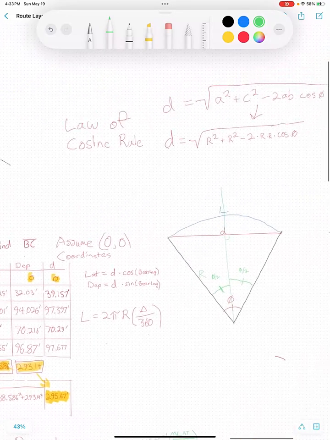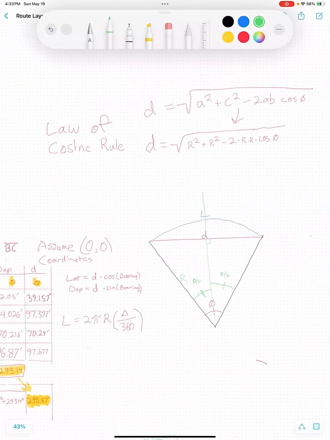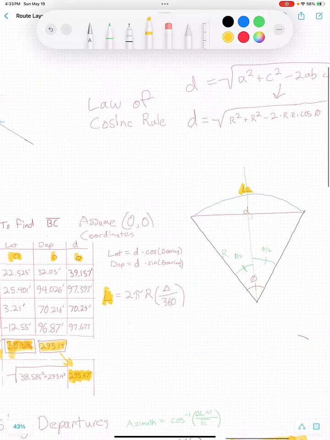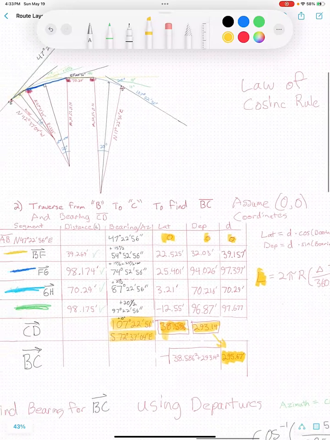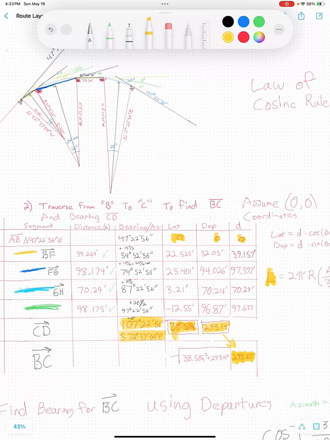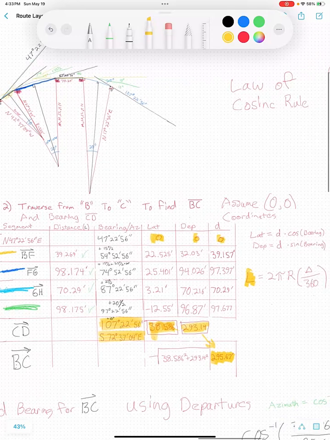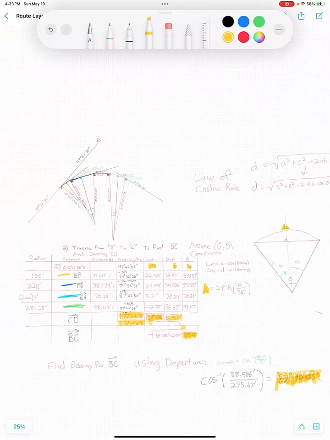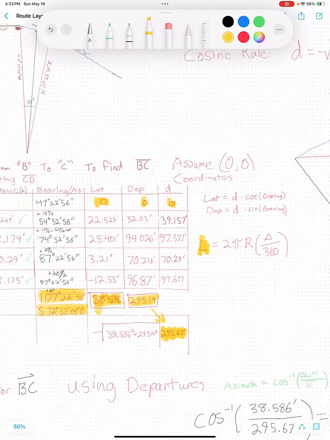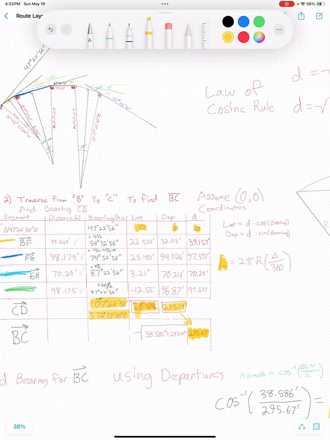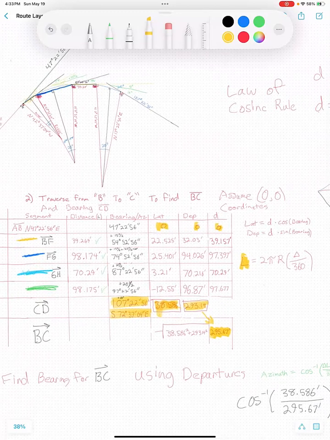That's how we're calculating that L distance. That guy is that guy. That's how we populated that distance table here. Everybody see how that worked? So L is 2 pi r times delta over 360. Everybody see how we got that?